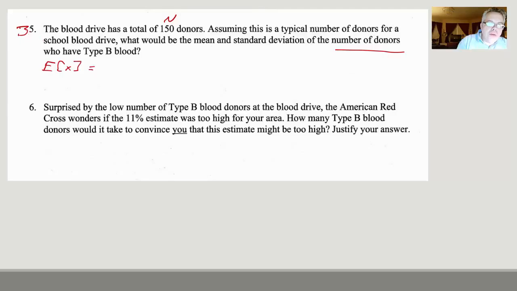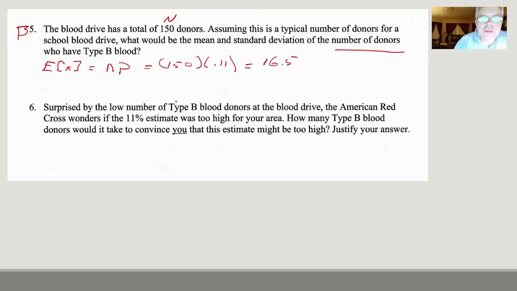For the binomial model, expected value is n times p. So it'd be 150 times 0.11, and I end up getting 16.5.